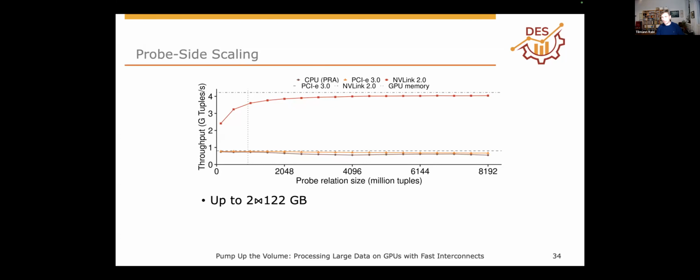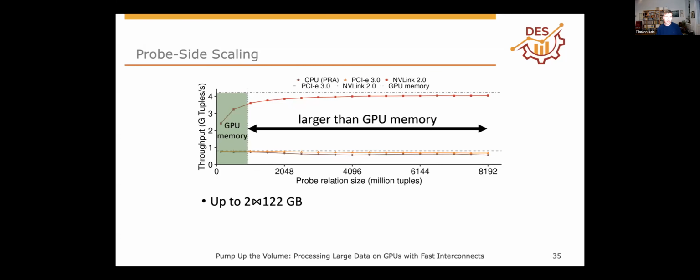And here we can see that this is basically what fits into the GPU memory. Our hash table is in the GPU memory, and then the NVLink based version is basically scaling even after we're going beyond the GPU memory, because we're just utilizing the fast throughput.